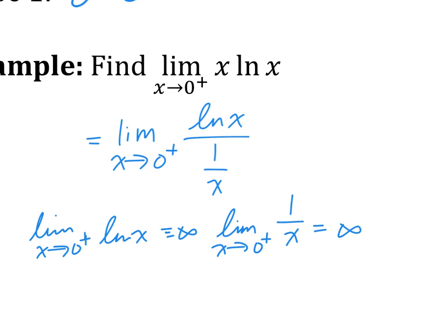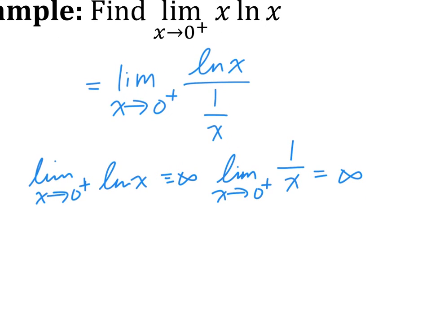So that tells me we can use L'Hopital's rule because it is infinity over infinity. I thought 0 divided by infinity was another one? 0 over infinity is 0.